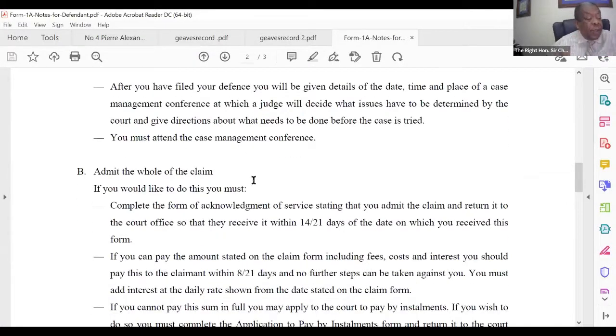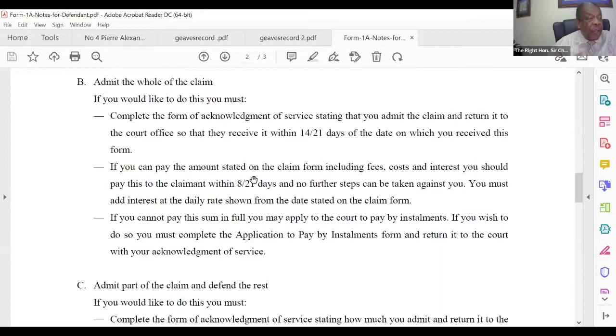It says also that the defendant can admit the whole of the claim, and it explains how to do it in terms of what entry must be made on the acknowledgement of service. It advises the defendant that they can pay the amount stated on the claim form, but that if the defendant cannot pay the sum in full, the defendant may apply to the court to pay by installments. So this is a step that can be taken immediately after the claim form is received.